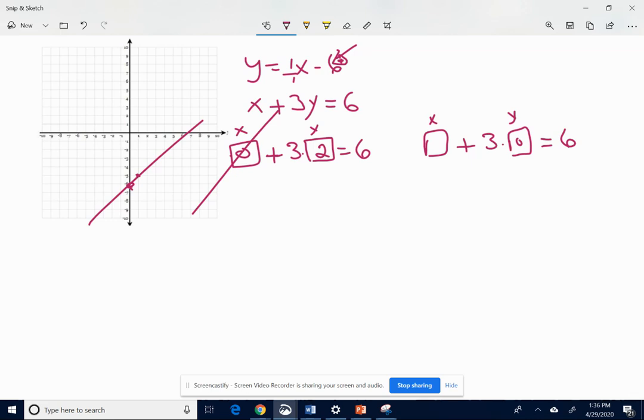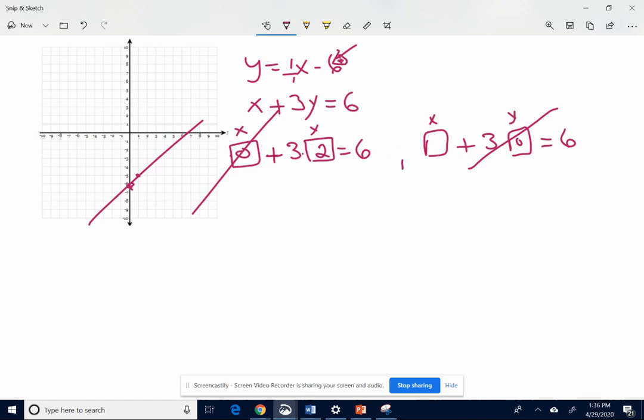In the second equation, I wrote down the same equation again, but I'm replacing y with 0. Well, the 3 times 0 is sitting there, and 3 times 0 is just 0, so I can ignore it.